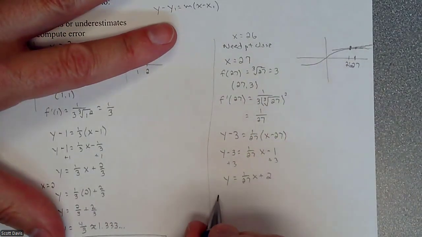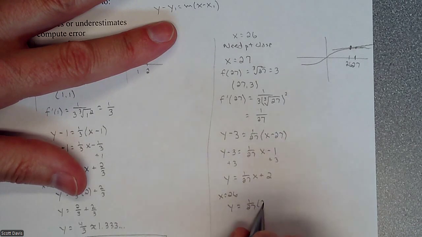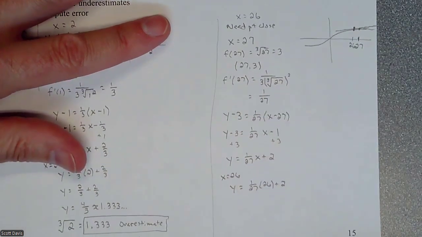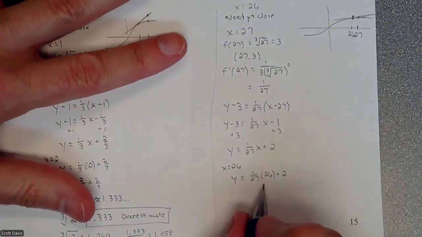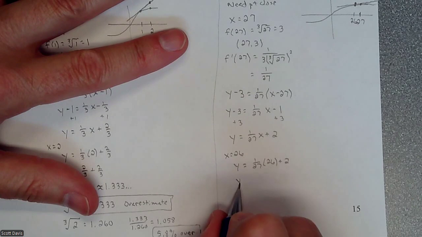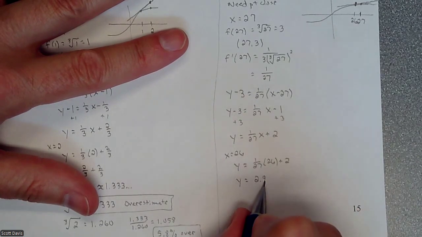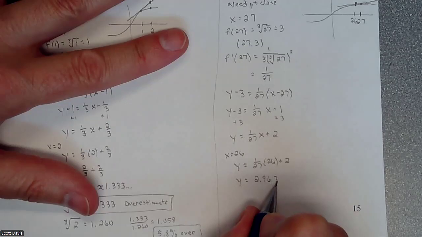So let's find out. So if we plug in 26, you would be doing y equals 1 over 27 times 26 plus 2. All right, so what I get out of that, I have to plug in a calculator. So I get a y value of 2.963.